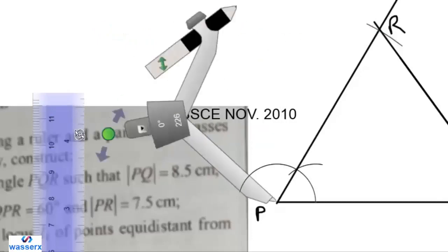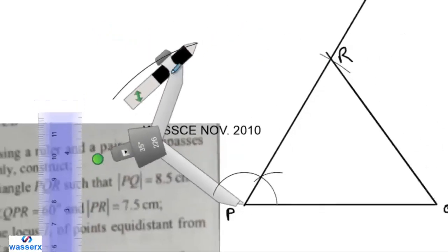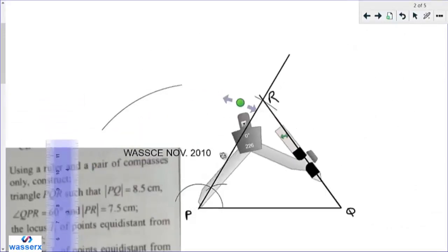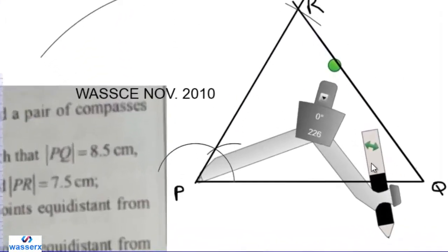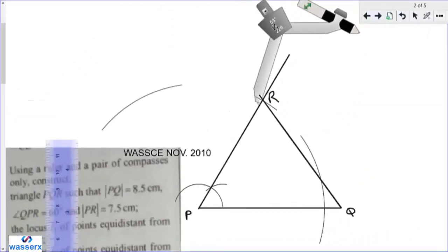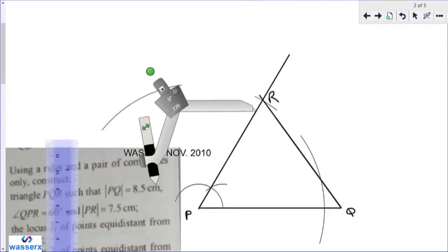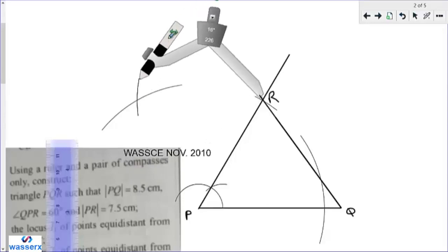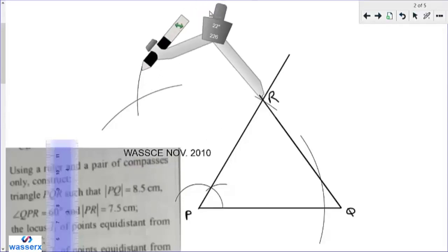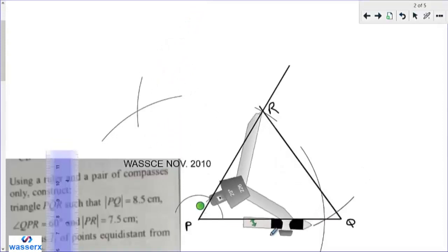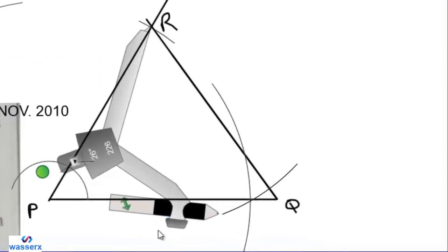So locus of point equidistant from P and R is the perpendicular bisector of PR. So we construct the perpendicular bisector of line PR. So we know how to do that. So we draw another arc up and below line PR to intersect the first ones.